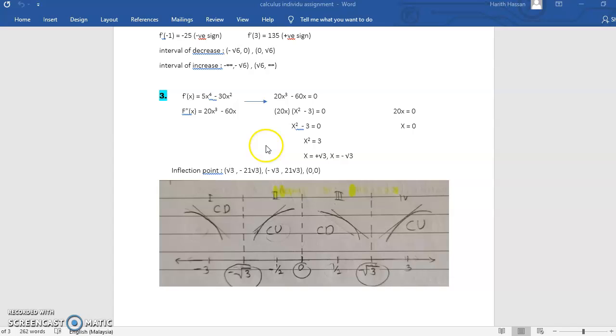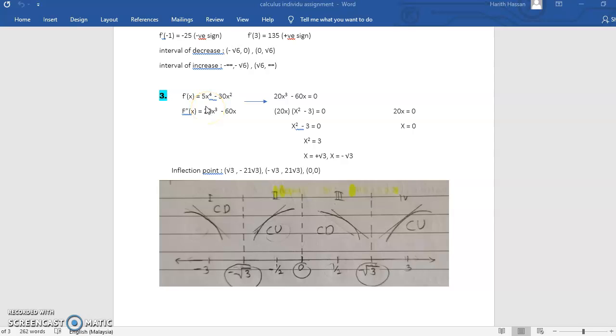Next step is we need to find the x coordinate of the inflection point, which is where the curve changes from decreasing to increasing again and again. So we need to find the inflection point.